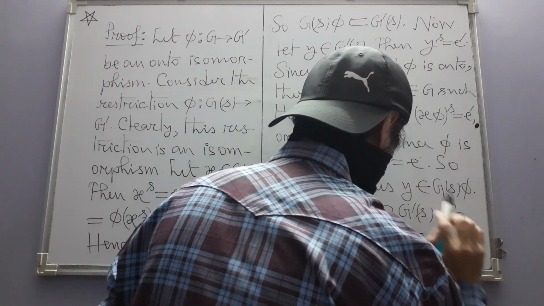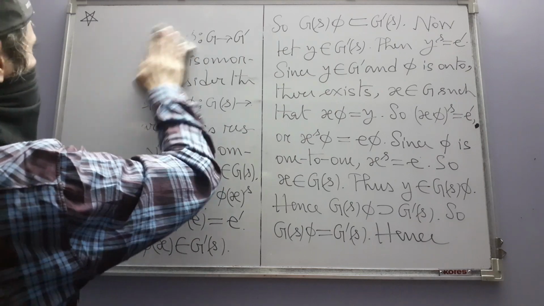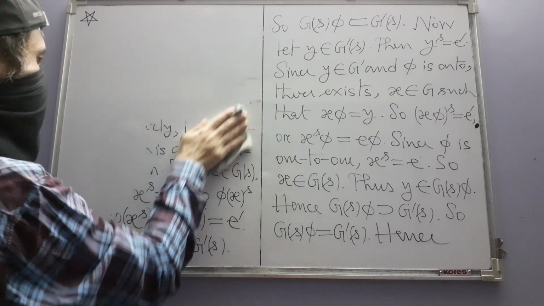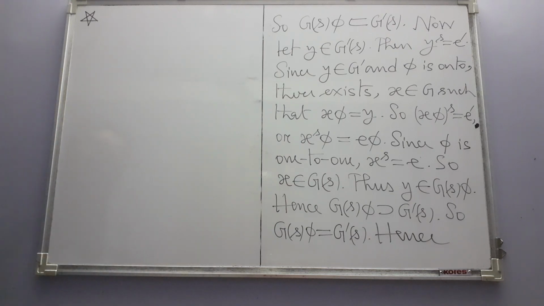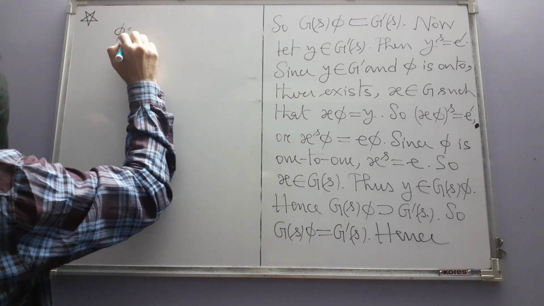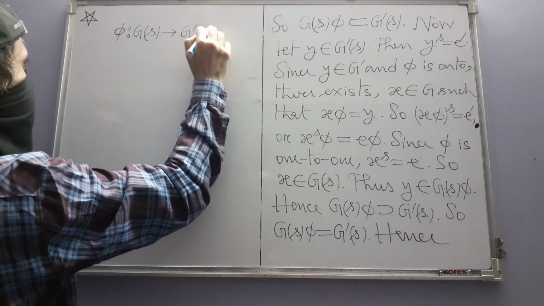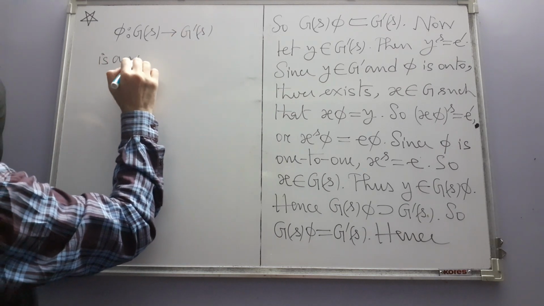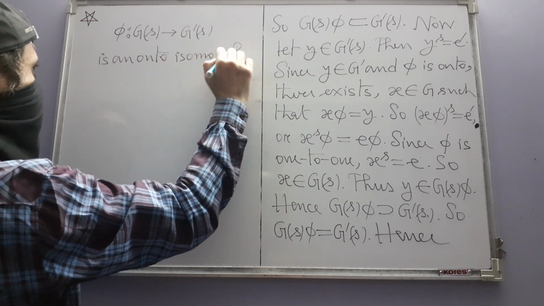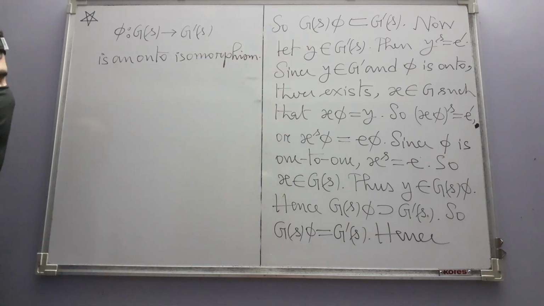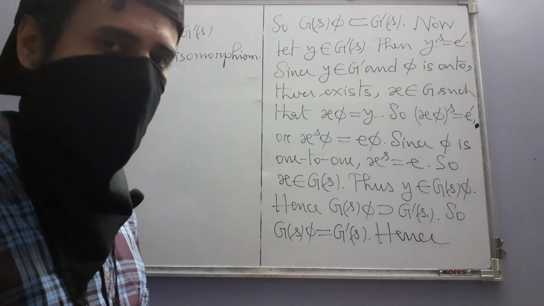Hence, this is an onto isomorphism, and an existence of such a function allows us to say that this and this are isomorphic, which is what we wanted to prove.